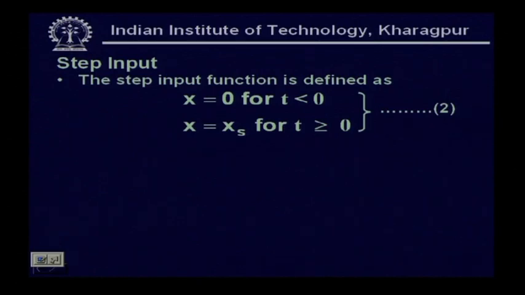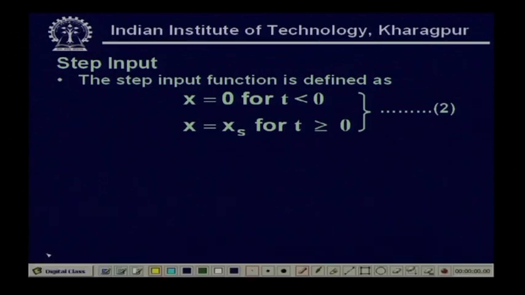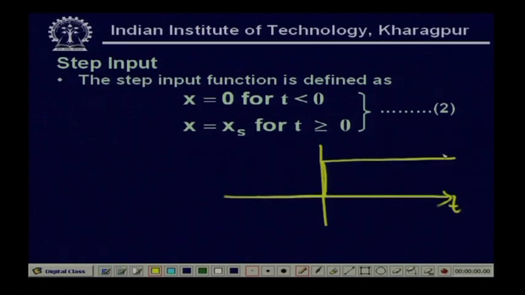So, how does it look? It looks very simple. If I plot my input against the time axis, it looks like this, then suddenly it goes up. If I take different colors, well, a little more clear.